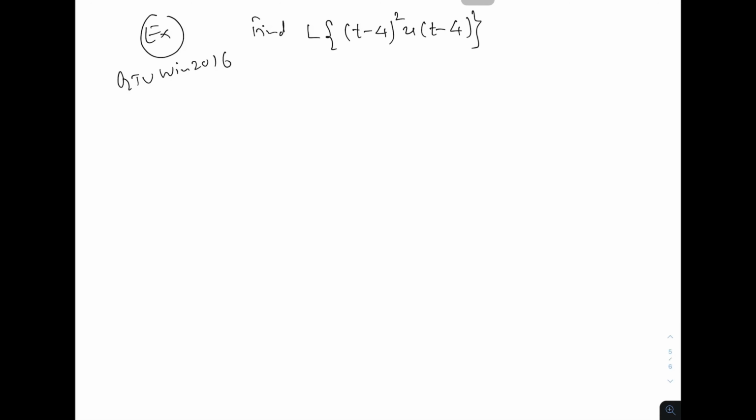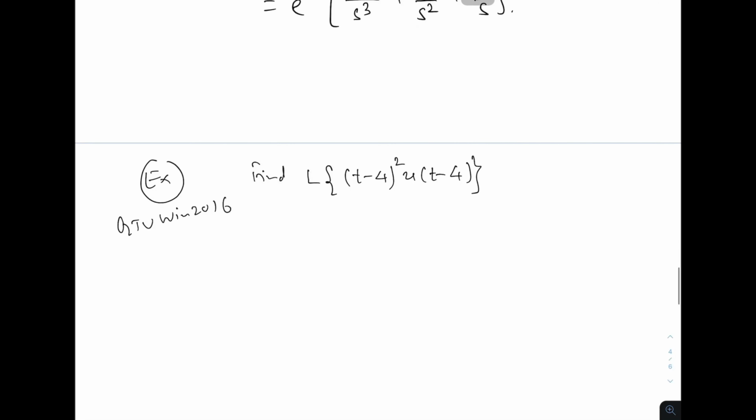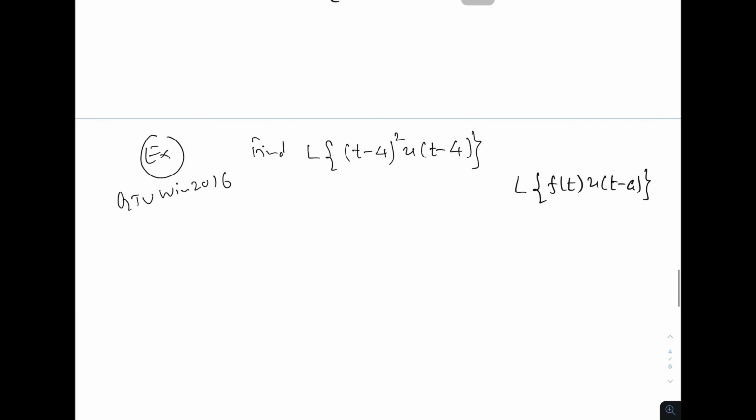Okay, you can even use the same result, no problem. You don't need to remember both. Laplace transformation of f of t u of t minus a is equal to e power minus as Laplace transformation of f of t plus a. Same result you can use.